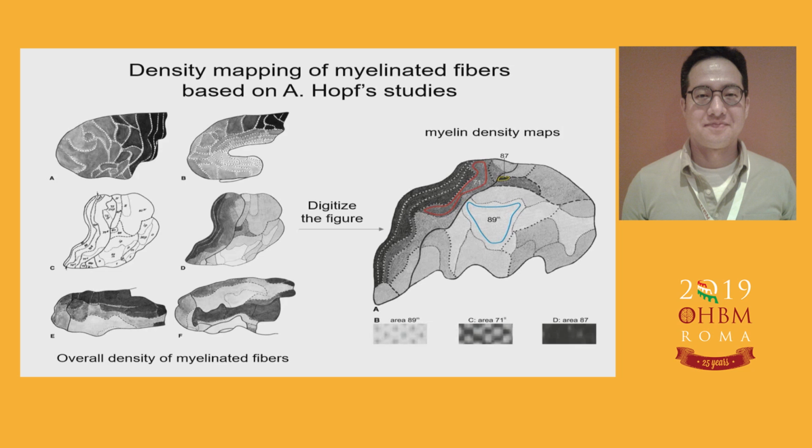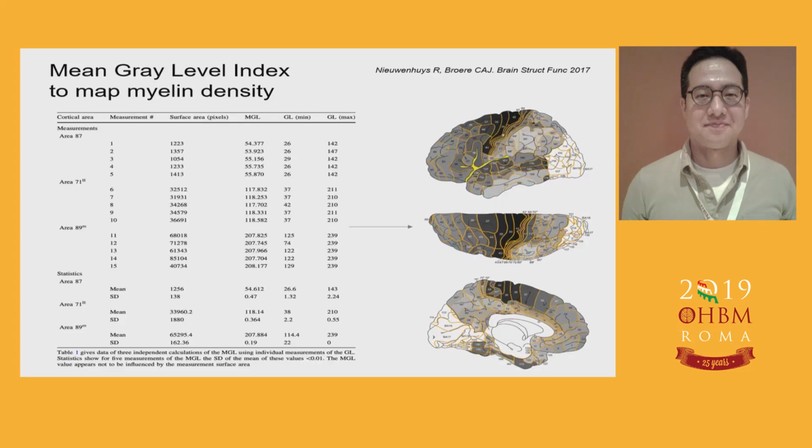Adolf performed a photometric analysis on his multiple specimens and then manually drew this degree of myelination density on each brain area. What Nieuwenhuys did was take over these figures, digitize them, and literally quantify the gray level index from these figures to represent these myelin density maps.